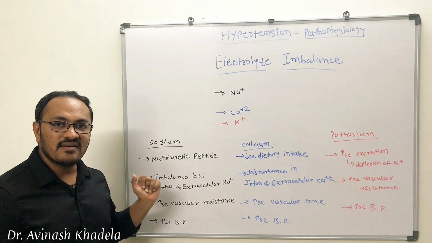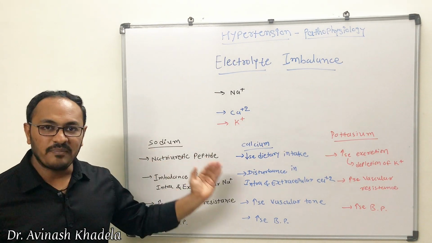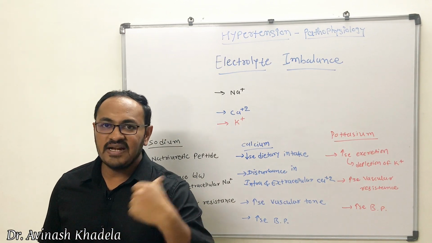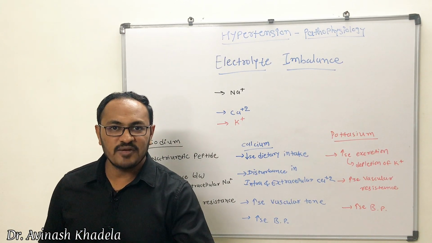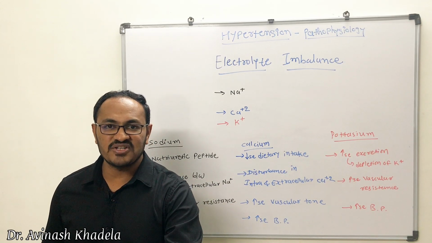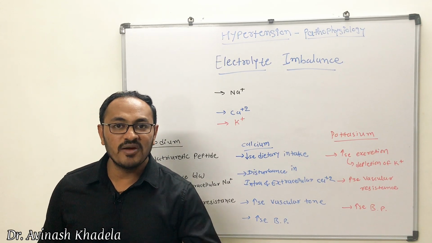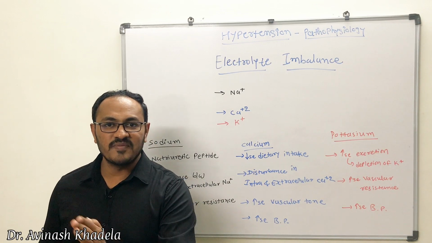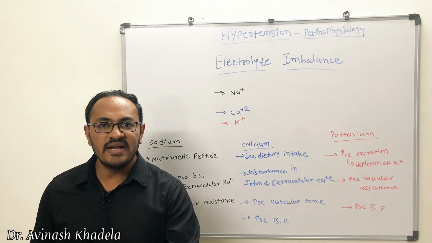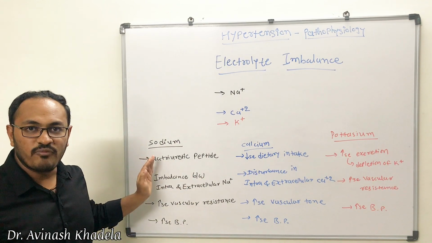One mechanism is natriuretic peptide deficiency. Natriuretic peptide or hormone, we have already discussed how it works in regulation of blood pressure, by excreting more sodium and water through the urinary system and decreasing blood volume.